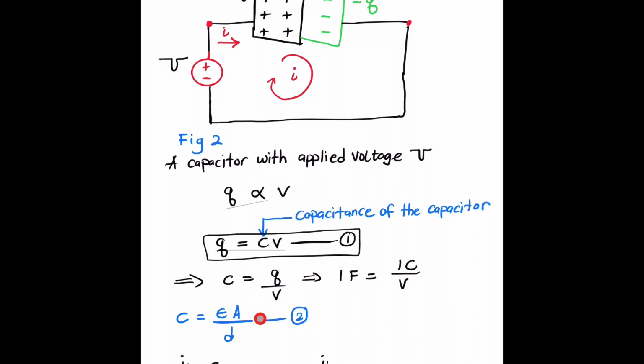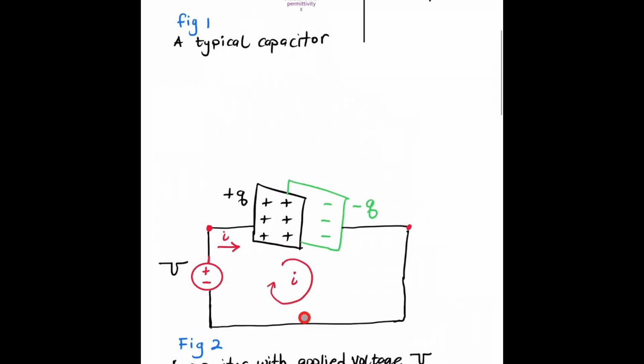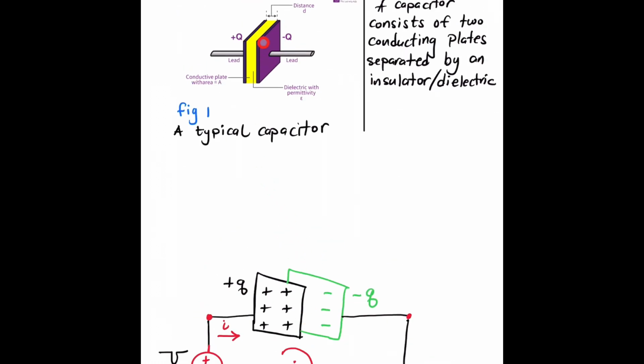And let's go up here. So from equation 2, it means that if we increase the surface area, we increase the capacitance. Also, if we decrease this distance, we increase the capacitance. All right.